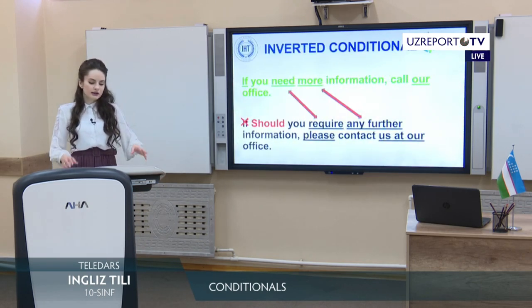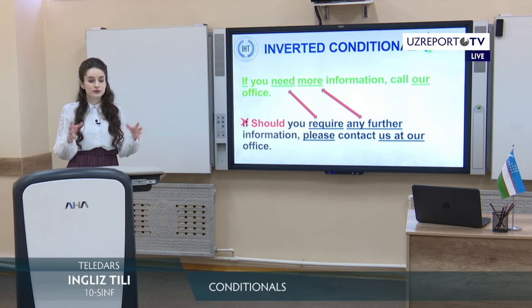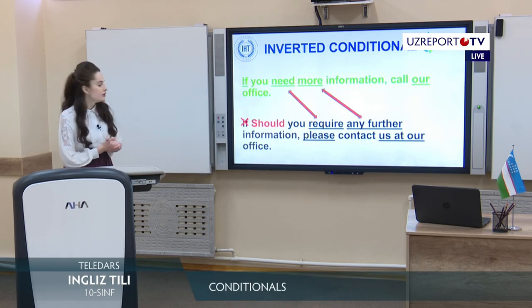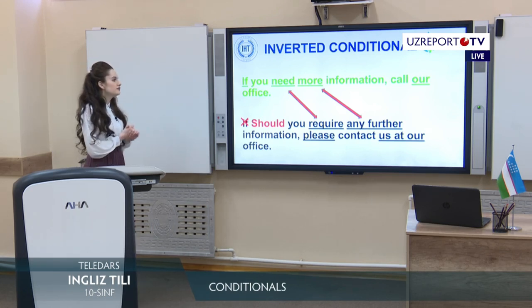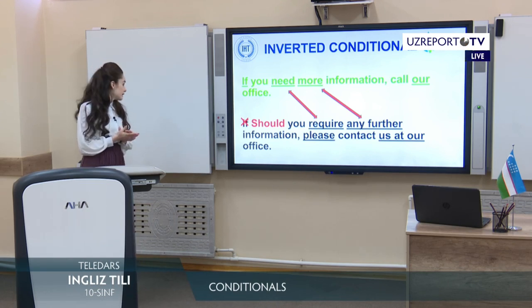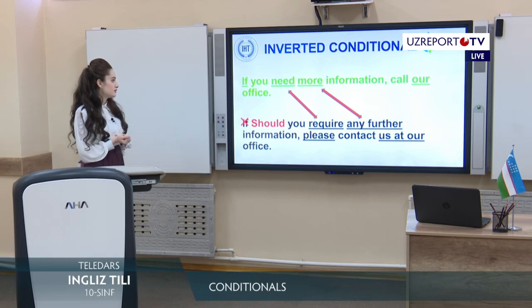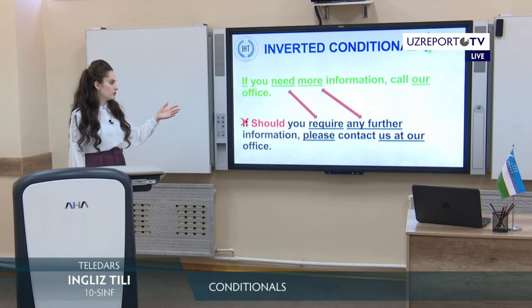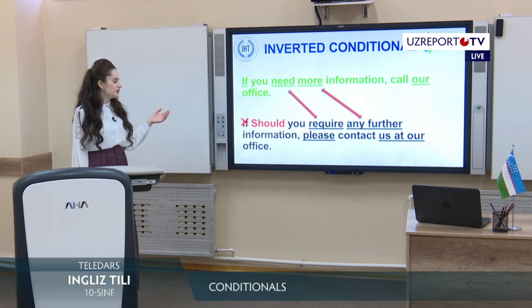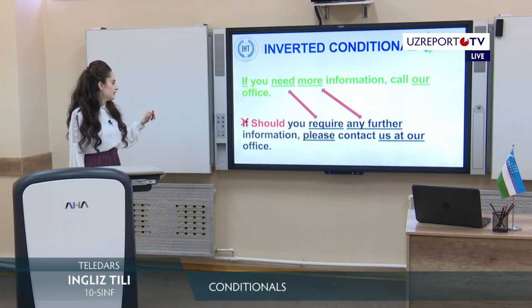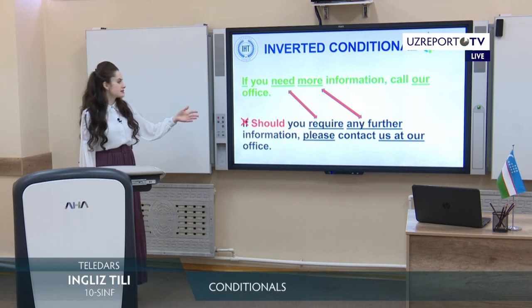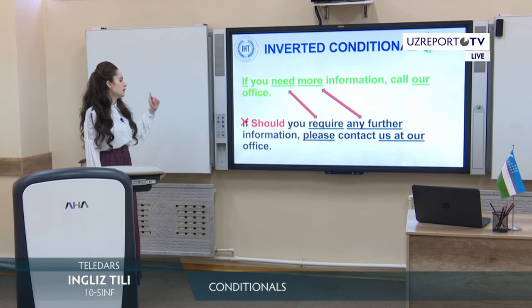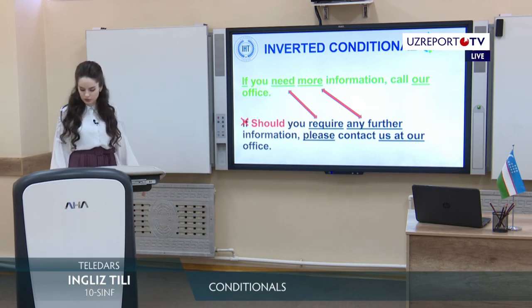Well, now it's also two types: a full sentence. So if you need more information, call our office. Here I may explain that instead of the verb need, we used another verb, require. It sounds more official. Also, we changed it to any further, and we added some words, please, and instead of if, we added should, as I told you before.